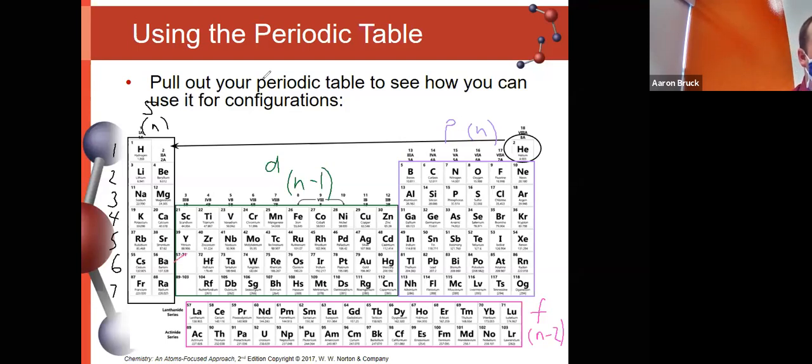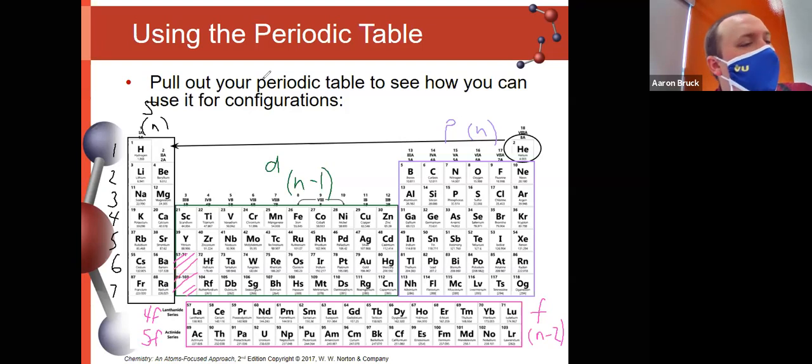The F block starts in the 6th period and the 7th period. So the lanthanide series are actually represented by 4f configurations. The actinides are actually 5f configurations.